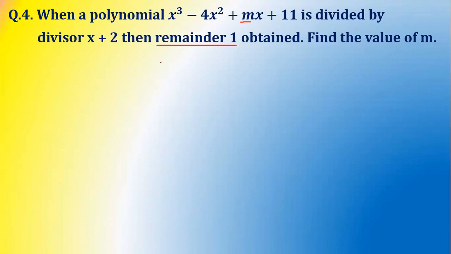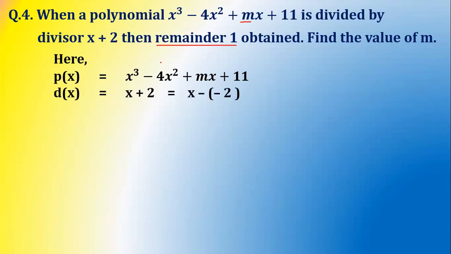So now let's apply the remainder theorem and get the value of the unknown coefficient. Here we have the polynomial p(x) as x cube minus 4x square plus mx plus 11, and the divisor is x plus 2, which should be expressed in standard form. Obviously it will be x minus within the bracket, x minus (minus 2).